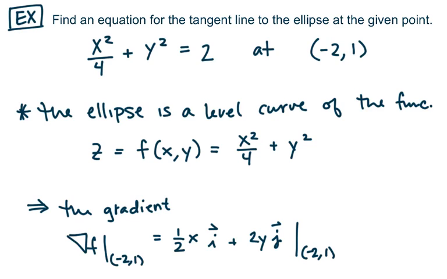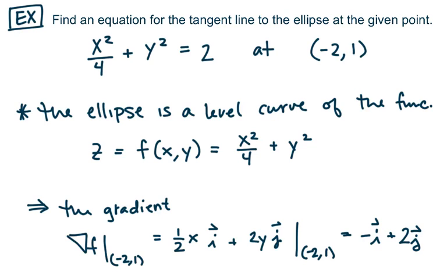So plugging in -2, I've got -1. Plugging in that 1, I get 2. So I have negative i plus 2j, and we're in luck because it's not the 0 vector.